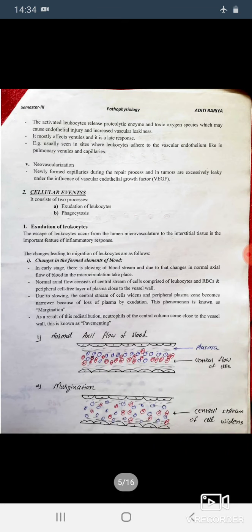So in the first step, changes in the formed elements of blood, what happens? First, you should write about the normal thing. In normal blood flow, there is a central stream of cells and a peripheral cell-free plasma layer close to the blood vessel wall.